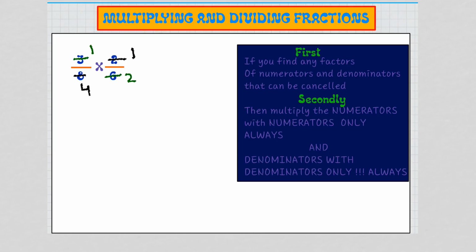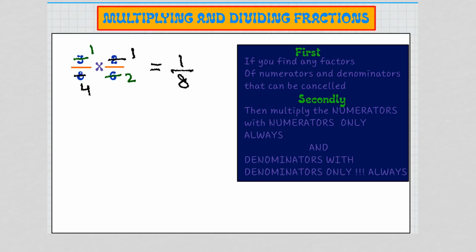Then what's our second step? Secondly, we multiply numerators with numerators only and denominators with denominators only, always. Now I'm going to multiply numerator with numerator: 1 times 1 is 1, and then denominator with denominator: 4 times 2 is 8. That's how we multiply 2 fractions.